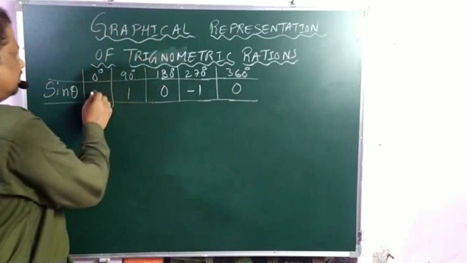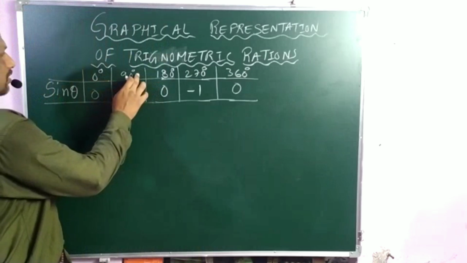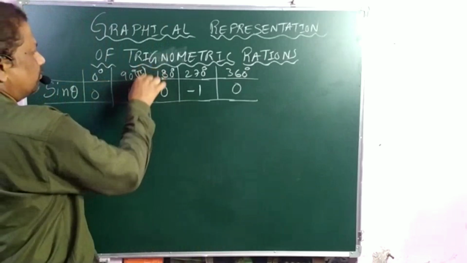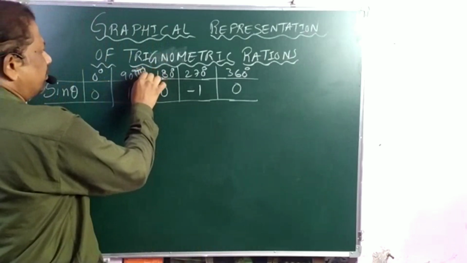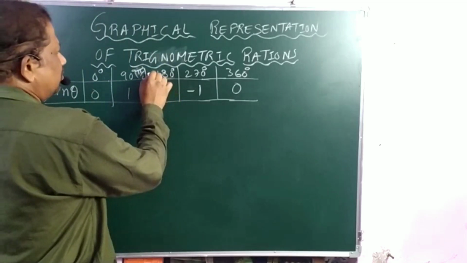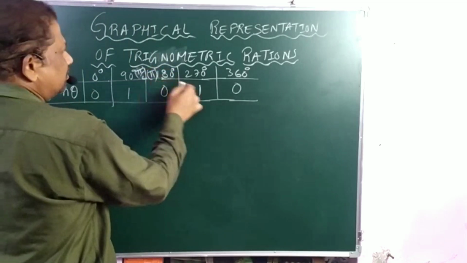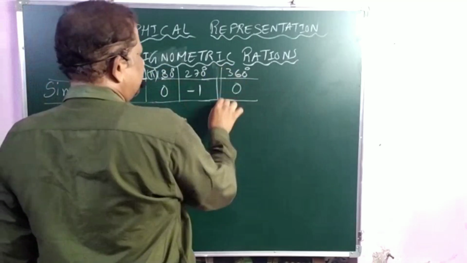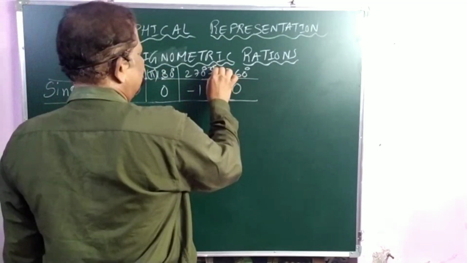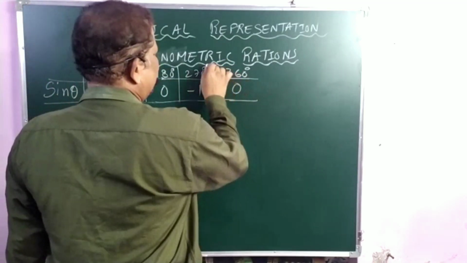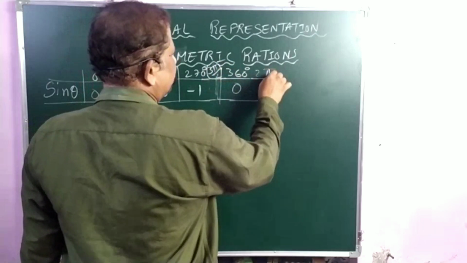So this we can represent as 0 degrees, pi by 2, this is pi, this is 3 pi by 2, and this one is 2 pi.